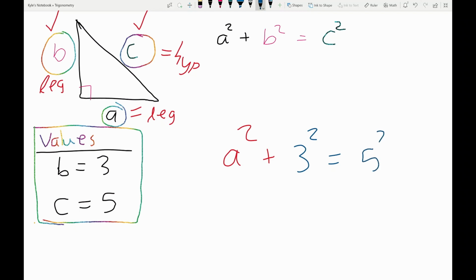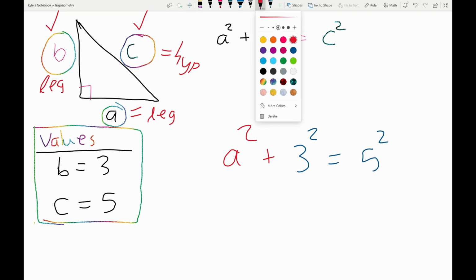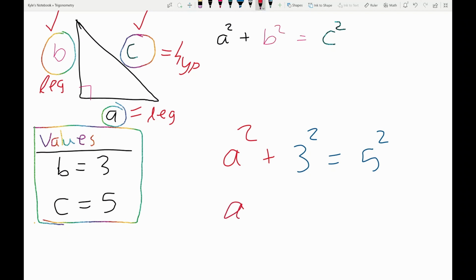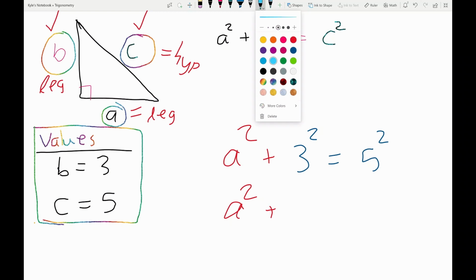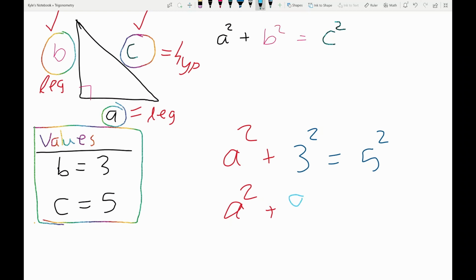The first thing I would do is simplify. So we can't do anything with this a squared, so we're going to just bring it down. And 3 squared, we already know what that is. That's going to be 9. And then 5 squared, that's going to be 25.